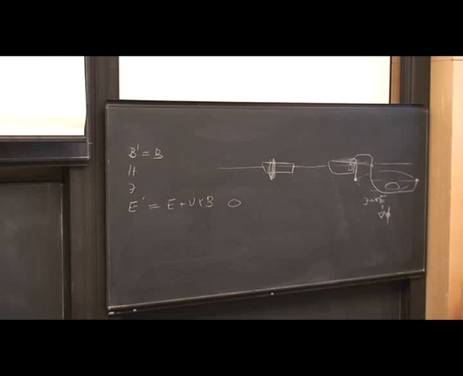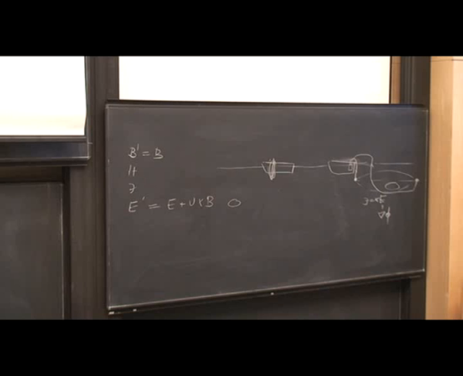But on the other hand, when you derived the potential, it was in the Coulomb gauge. We wrote down the expression for the vector potential in the Coulomb gauge.